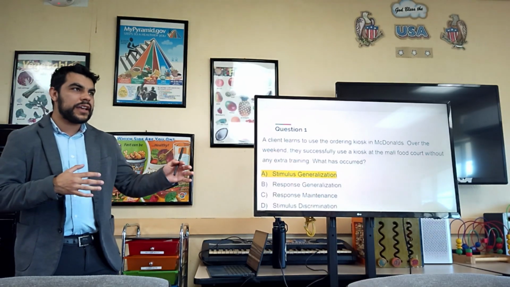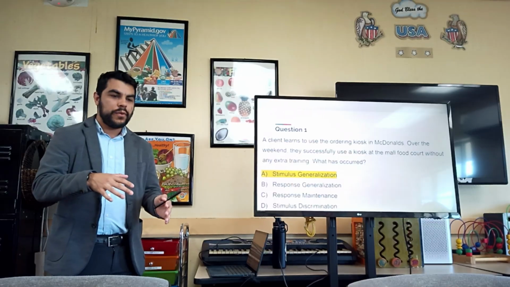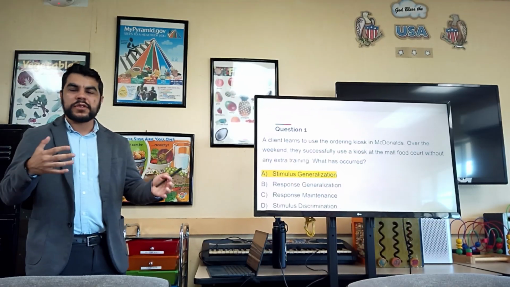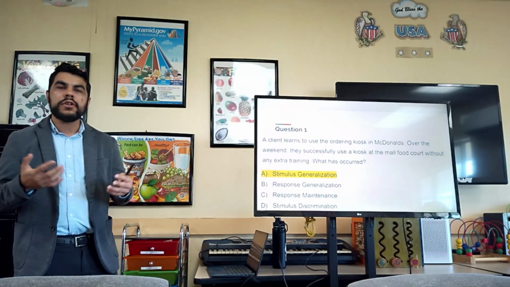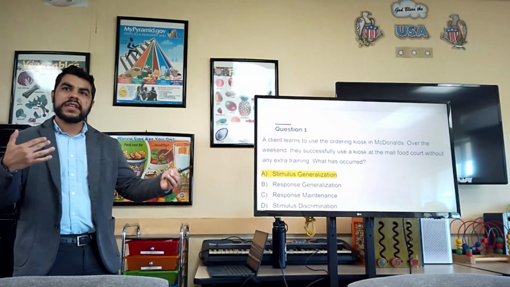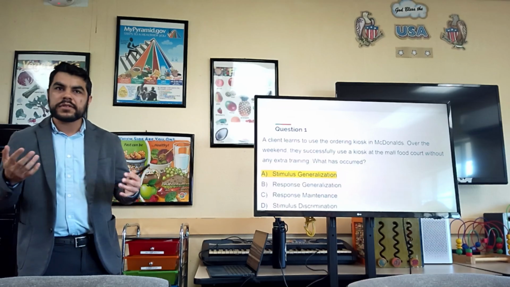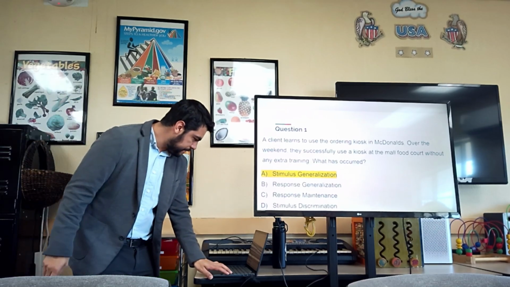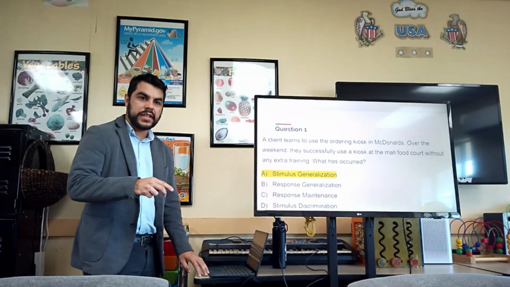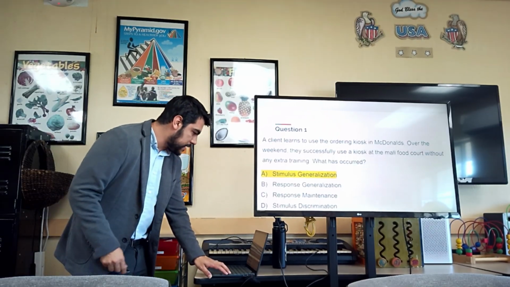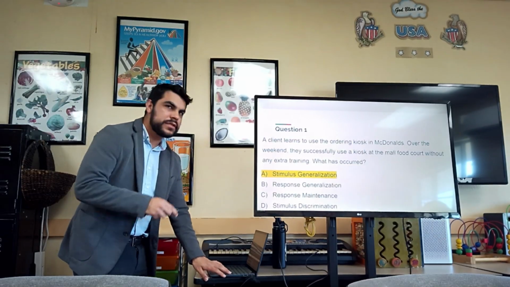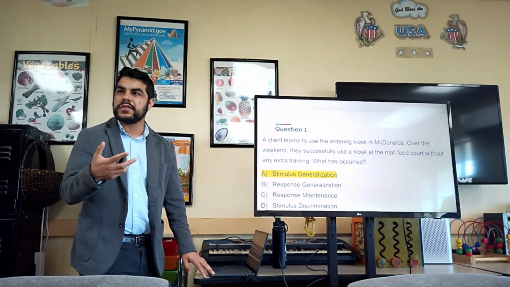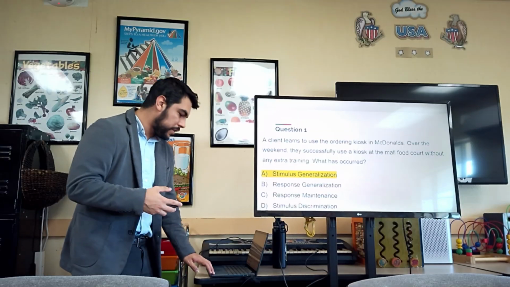They were able to check out at McDonald's, and then maybe during the weekend they went with their care home staff and were still able to do the same behavior. So that would also be stimulus generalization. If it was response generalization, it would look different but accomplish the same thing. So, for instance, them just checking out to a cashier.